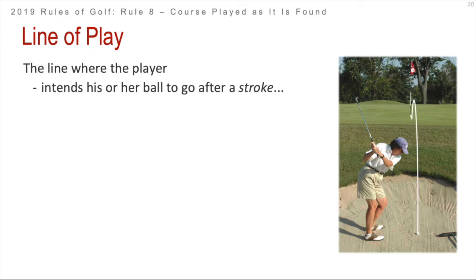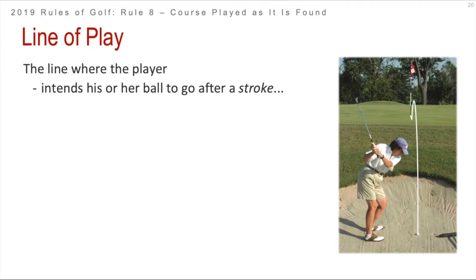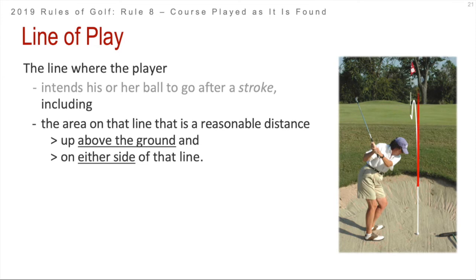The line of play is the line where the player intends his or her ball to go after a stroke. Important to note, that doesn't mean that's where the ball actually went, but it does mean where the player intended for it to go at the time of making the stroke. It does include the area on that line that is a reasonable distance above the ground and on either side of that line.